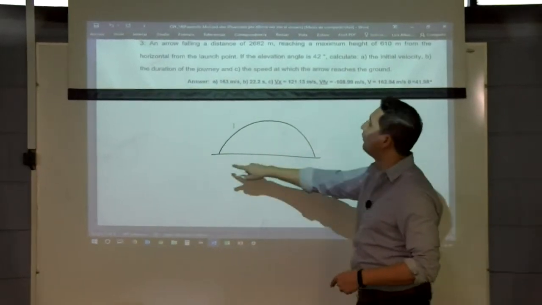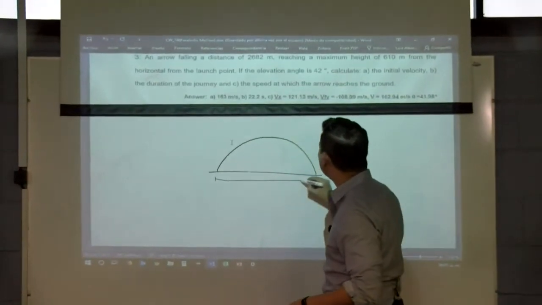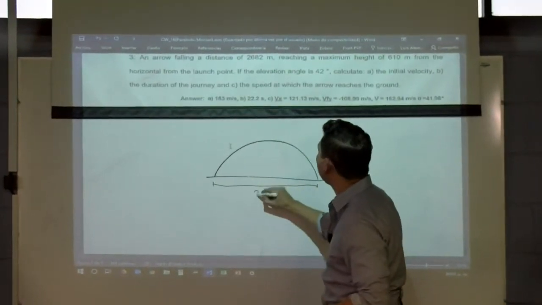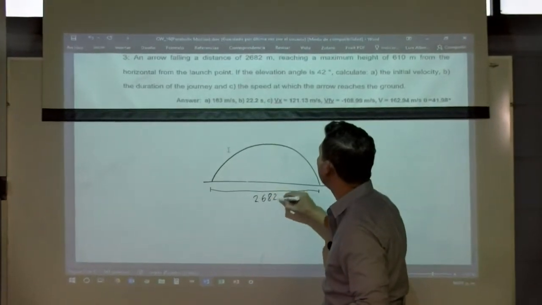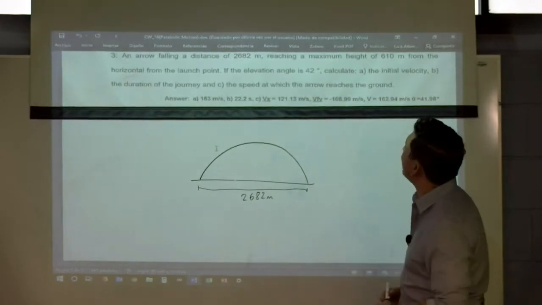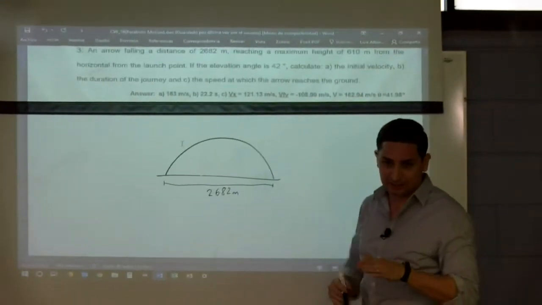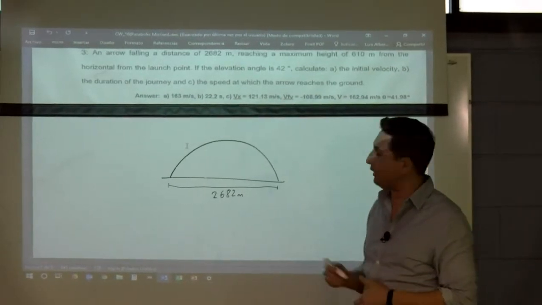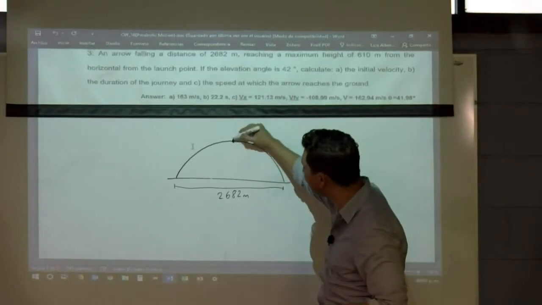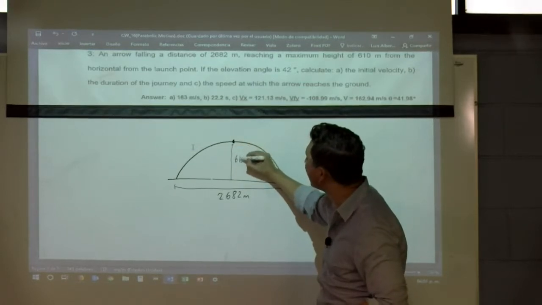And it says that an arrow falling a distance of 2,682 meters in x, that will be your x, reaching a maximum height of 610 meters, that will be here in this point, maximum height of 610 meters.